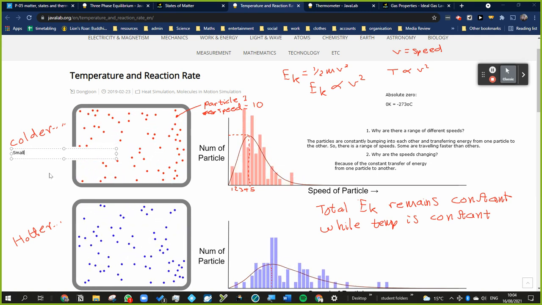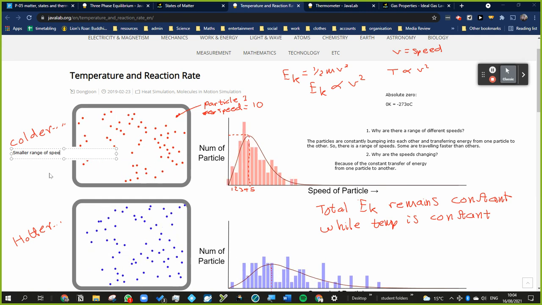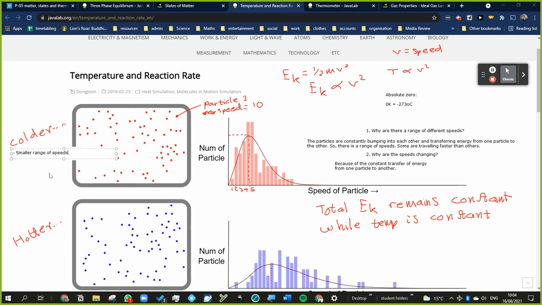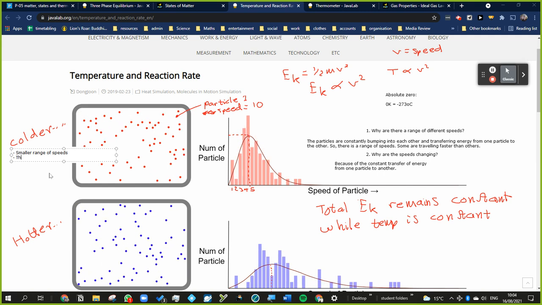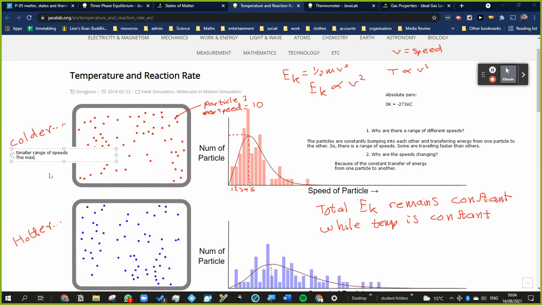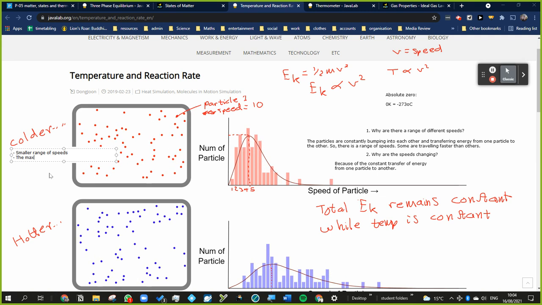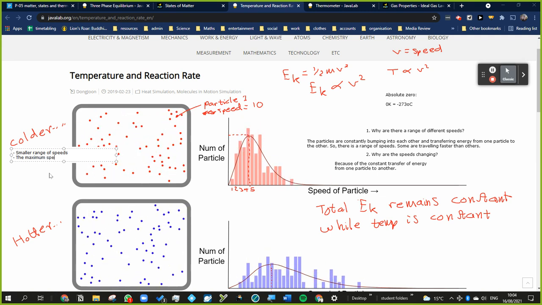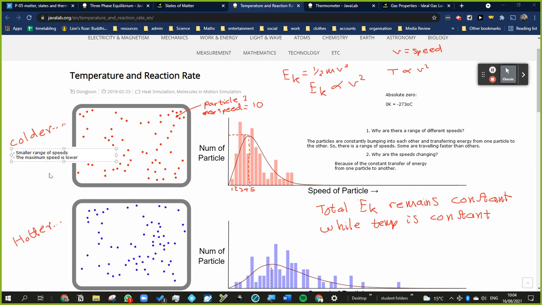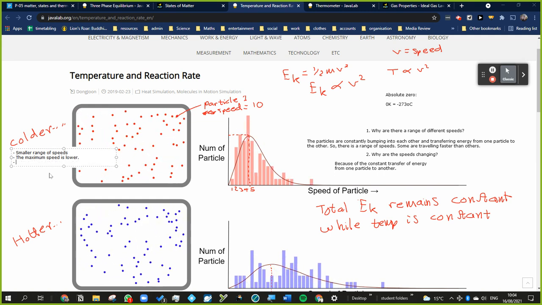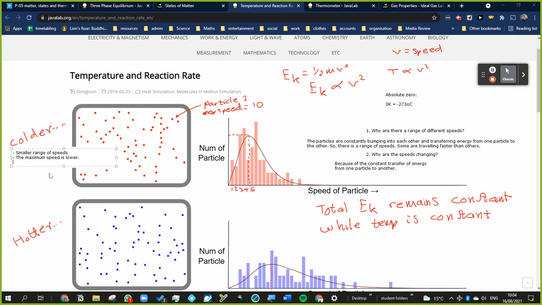A smaller range of speeds, and also the maximum speed is lower. That's no surprise if it's colder. And yeah, that's it really.